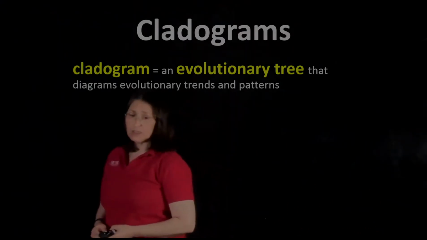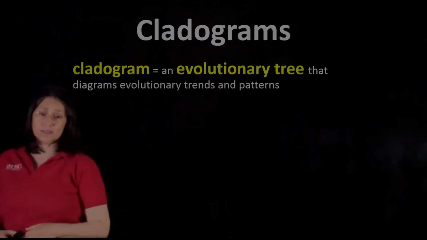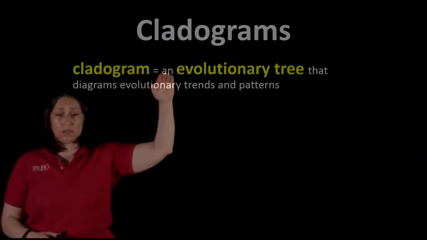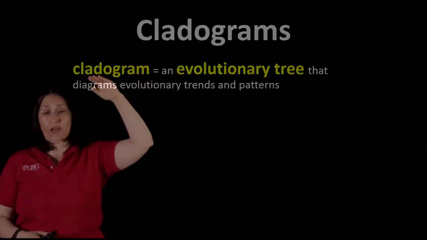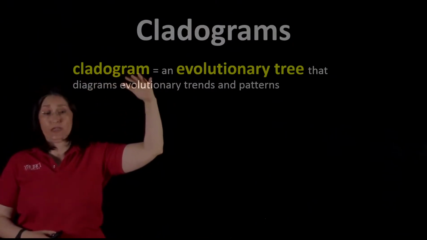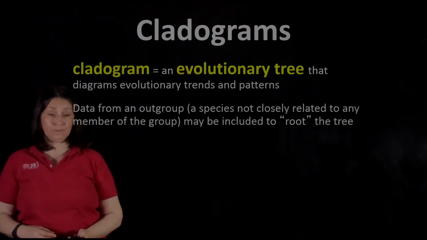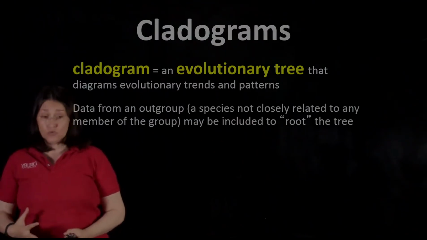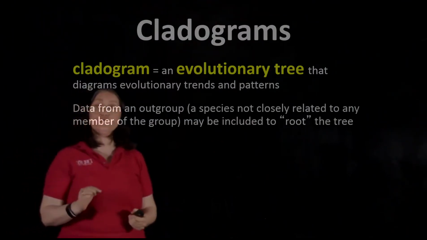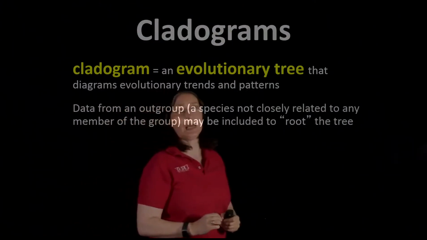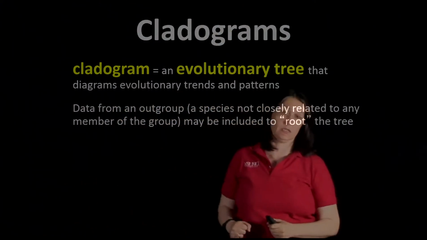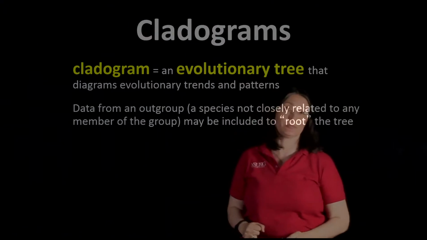So as I mentioned, a cladogram, as its name says, is a drawing of a branch or all the branches and then producing an evolutionary tree. And usually in an evolutionary tree, it's rooted to an outgroup that is very different from the branches that it represents.